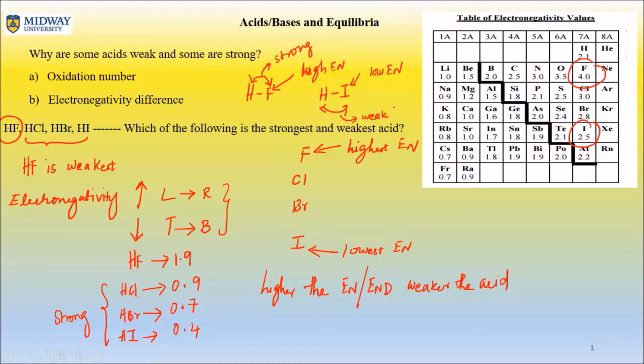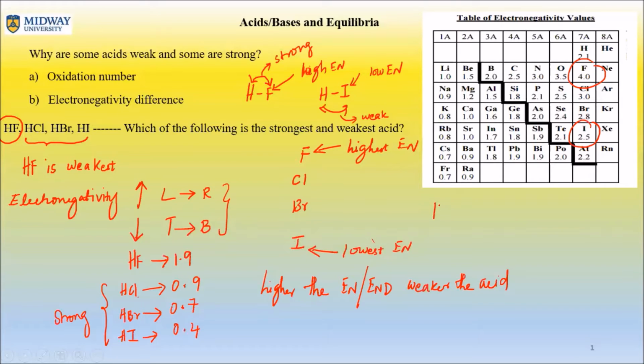So when the attraction is very strong, the hydrogen cannot come off easily, whereas when the attraction is weak, the hydrogen can come off easily. If hydrogen can get out of a molecule easily, that means it is a strong acid. If its inability to leave the molecule becomes higher and higher, the fluorine is going to hold the hydrogen for a lot longer and doesn't want to let go of it, which makes it a weak acid. So what is really the order?